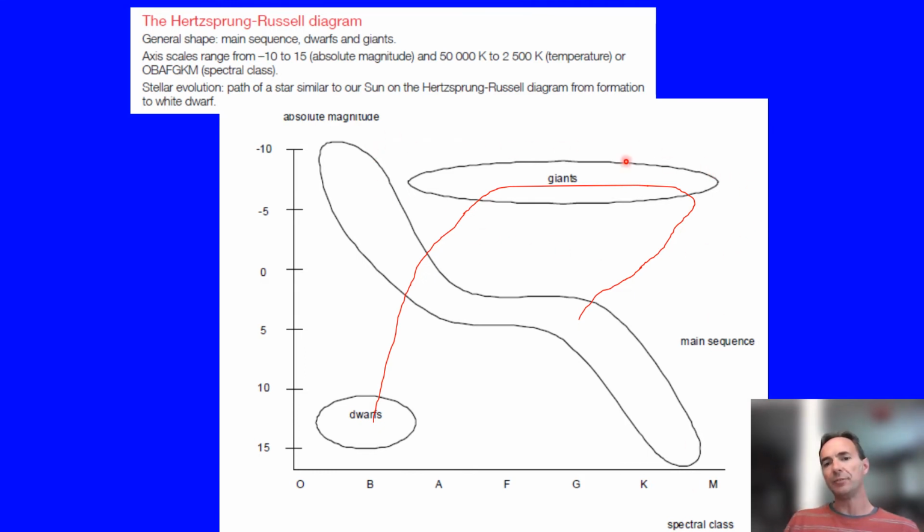And therefore, you've got the giants at the top here. You've got the main sequence, which comes down from minus 10, flattens off around the sort of 2, 3-ish, and then goes all the way down to M at 15. The dwarfs are no redder than A, which still means they're blue-white, but nevertheless, the dwarfs are in this corner between 10 and 15, and the giants occupy between minus 10 and 5 at the top there, from B all the way across to M. So therefore, you've got that.